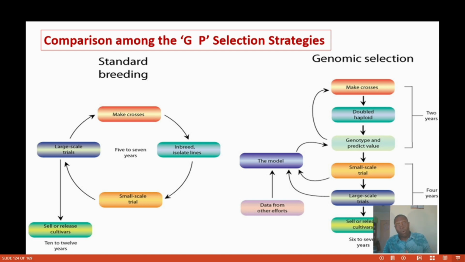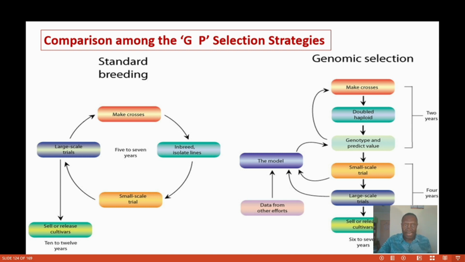This cycle of standard breeding may look very short, but it's not very short at all, because we have to go through the generative and derivative methods, and you select from those using the selection strategies that will also repeat themselves through successive crossing, selecting, and evaluating.